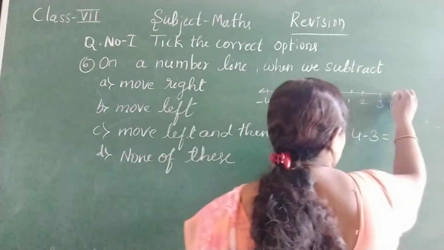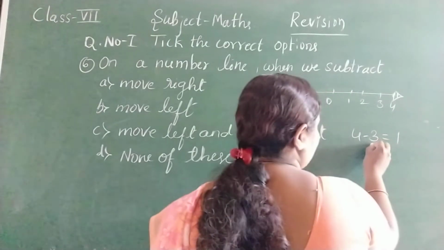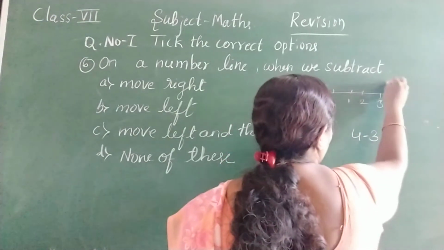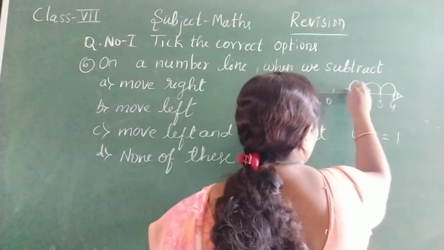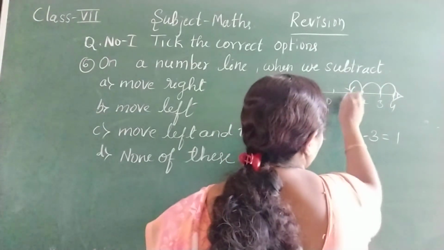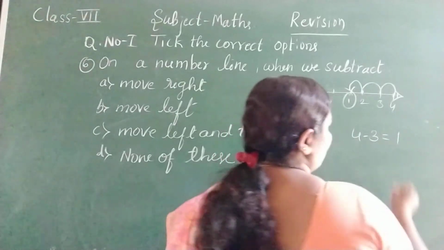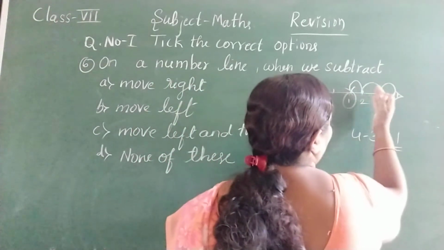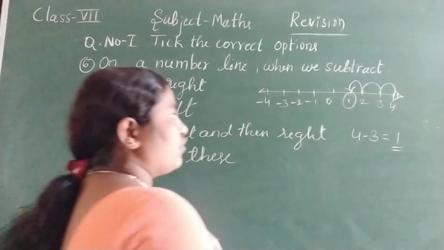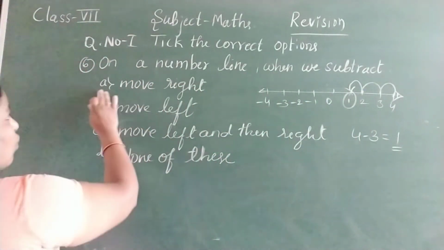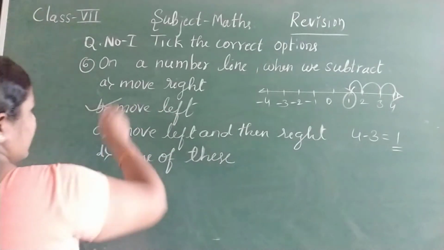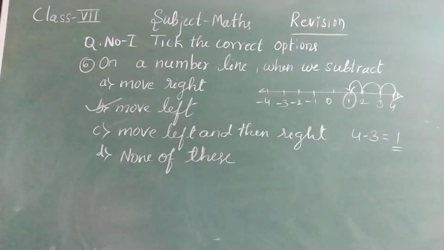So 4 is here, I have to subtract 3, it means I should take 3 jumps, 1, 2, 3. So where is the answer? 1. What we have done? We have moved towards the left side of the number line. So B, move left, is the correct answer.